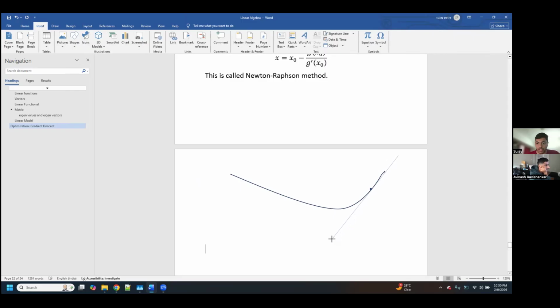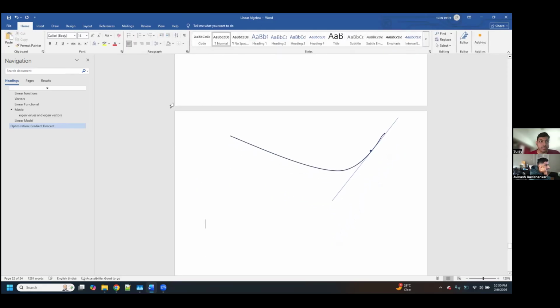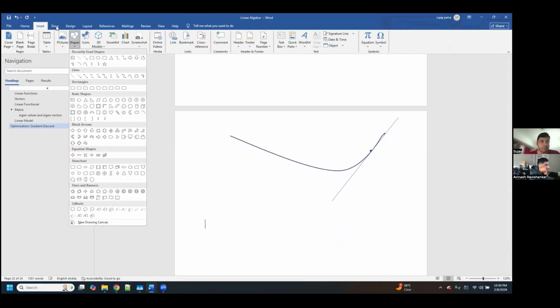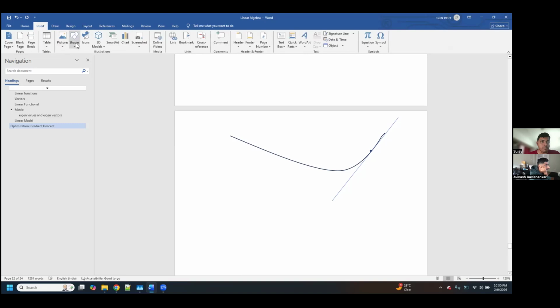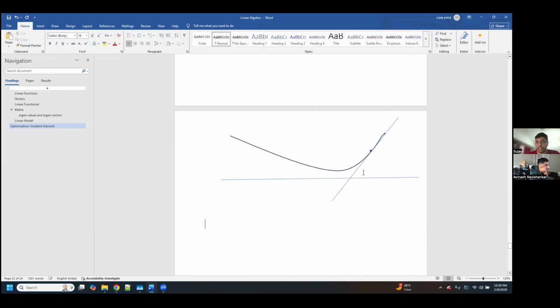So the tangent might look like something like this. Now I haven't drawn the x and y axis, so let me draw the x axis also. So let's say this is the x axis. Now this x axis and the tangent will intersect somewhere. Does that happen all the time? Yes, it'll happen all the time, because these are two lines.